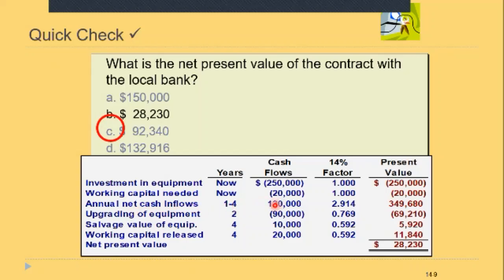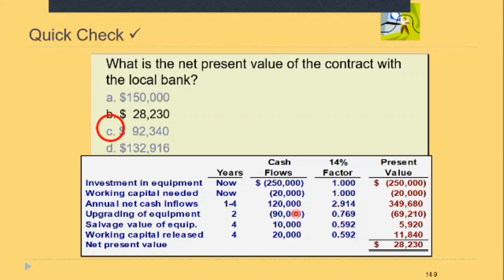We can do it this way since it's an annuity: add up all the factors from year 1 to year 4 together, and we'll get 2.914. That gives us 349,680 when we multiply the 120,000 by this.